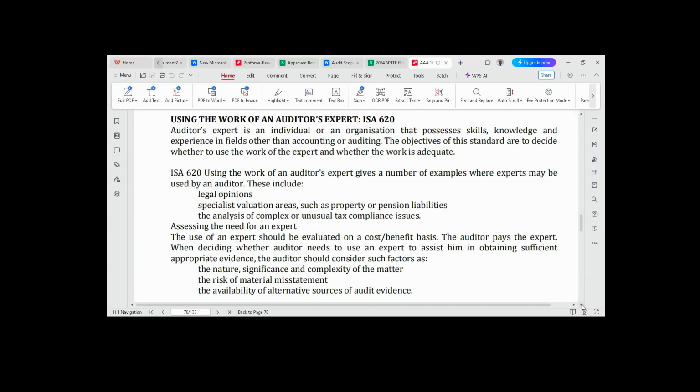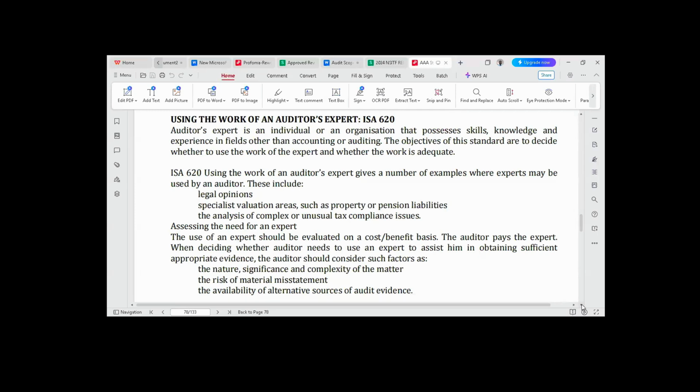And also, more importantly, the expert should understand the risk of what? Material misstatement, because that information should be reasonable. Whatever amount has been put as contingent liability should be an amount that is reasonable.